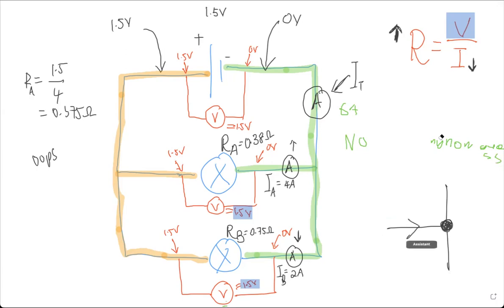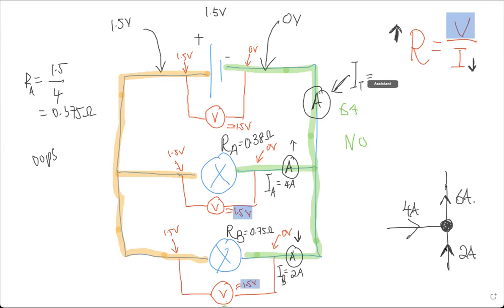If the first path here has 4 ampere of current, the second path here has 2 ampere of current, which you can see over this point and this point, correct? So when they combine together, this current here will add these two currents together, will give you 6 ampere.